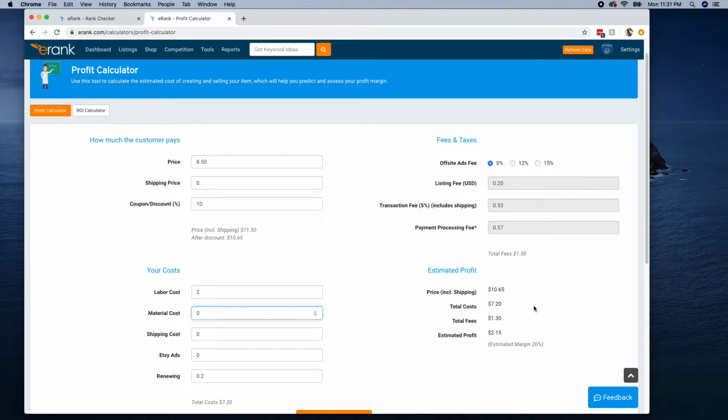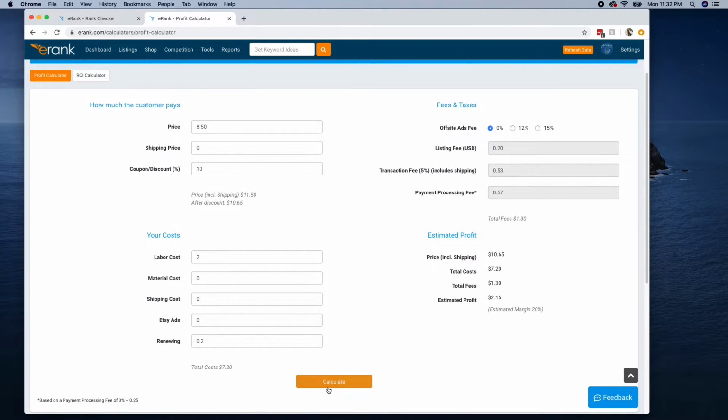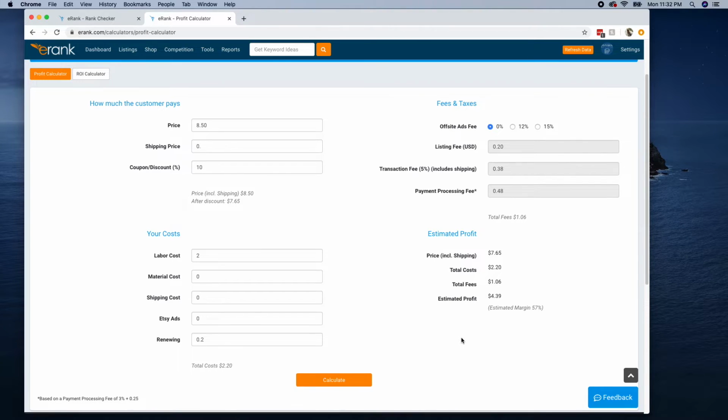But look how that changes your estimated margin. It goes from 20% to 57%. You are instead making a profit of $4.39 on this product because it's a digital product. Because you don't have shipping costs, Etsy also charges less in fees, so $1.06 in fees. So you'll get $7.65 as the price from the customer, and then you do have $2.20 in labor costs, which is generous because if you've made this once, you know you really don't have extra labor costs ongoing.